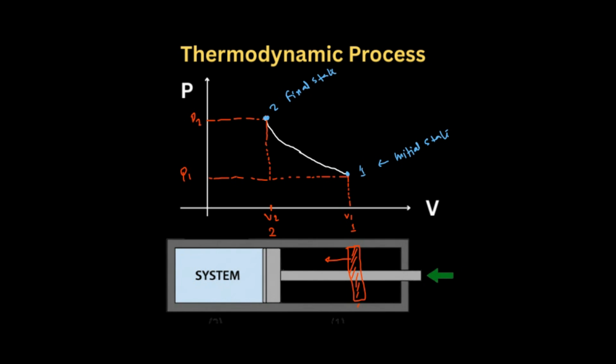And this phenomenon, when the system moves from one state of equilibrium to another state of equilibrium, is known as a thermodynamic process. And you can see it is following a path. You can clearly see this is the path of the process.